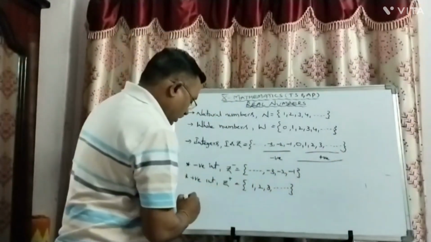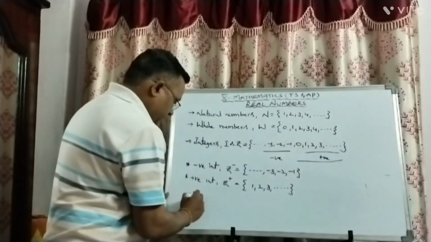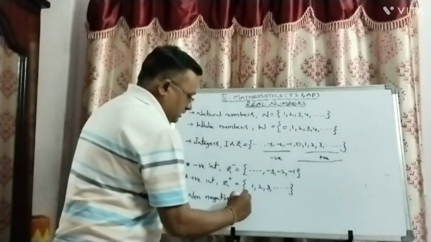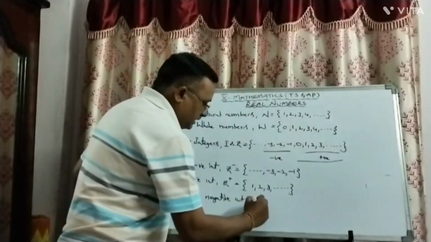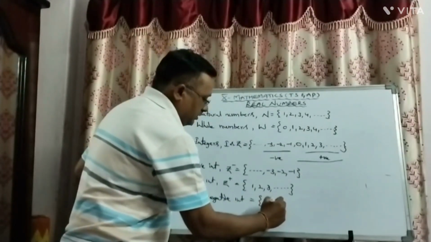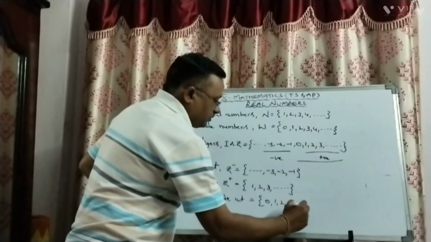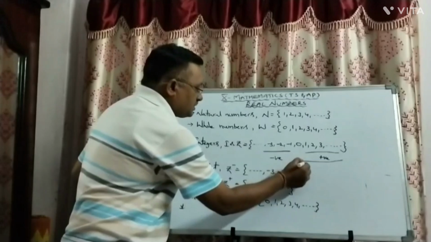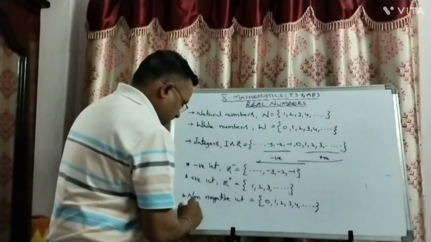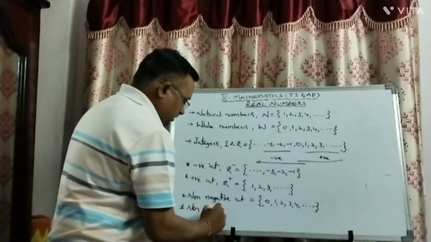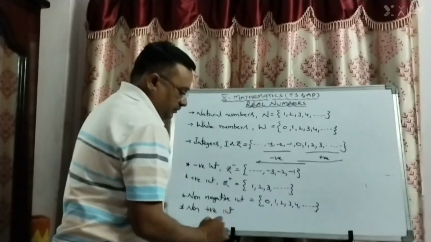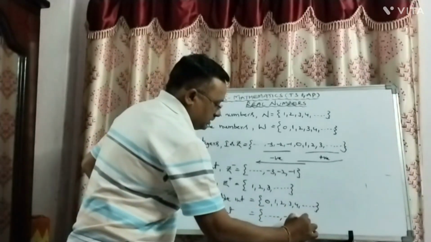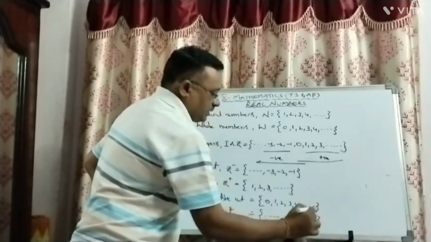These are called non-negative integers, which is equal to the set of 0, 1, 2, 3, 4, and so on. Another one is from 0 going back. These are called non-positive integers, which is equal to the set of and so on, -3, -2, -1, 0.